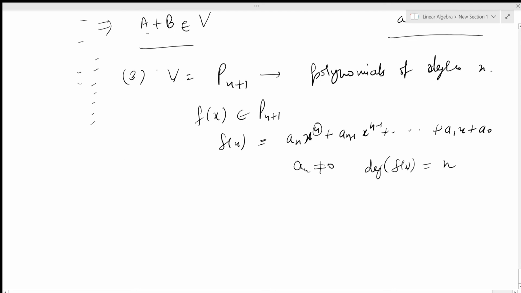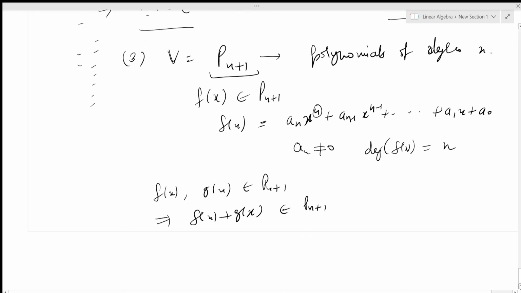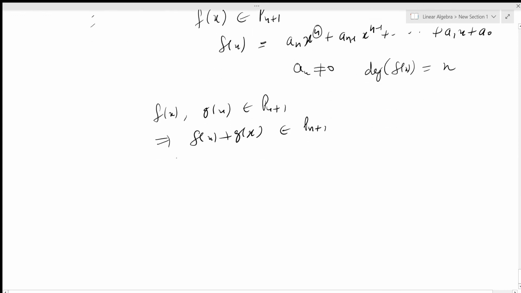Now for proving Pn plus 1 as a vector space, we can take some f(x) and g(x) belonging to Pn plus 1. Then we have to show f(x) plus g(x) also belongs to Pn plus 1. And you know that if we add two polynomials, then their addition is also a polynomial. So this can be easily verified.